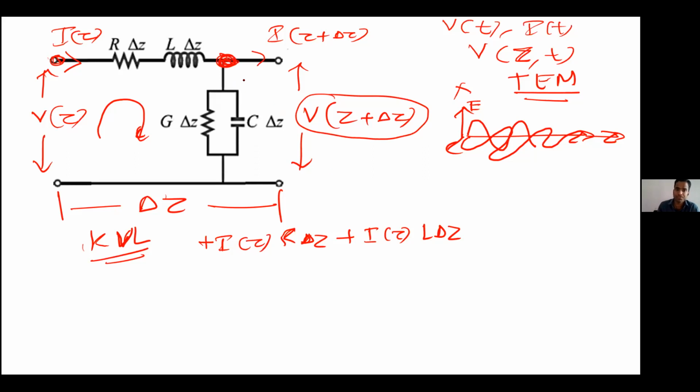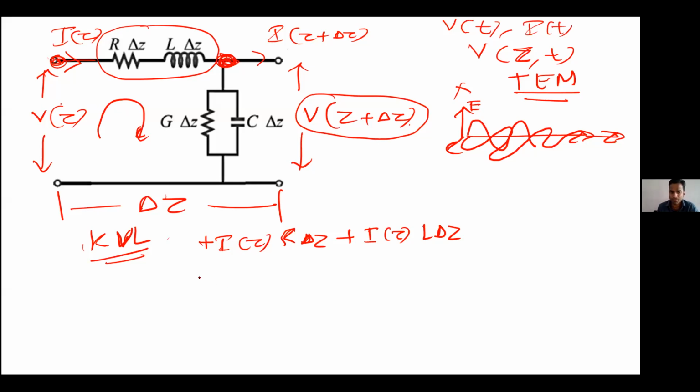Everyone getting this? Yes, sir. The potential here is V of Z, and here it is V of Z plus delta Z. Fine. So if we apply KVL, from V of Z we are going, and this is the drop across this.